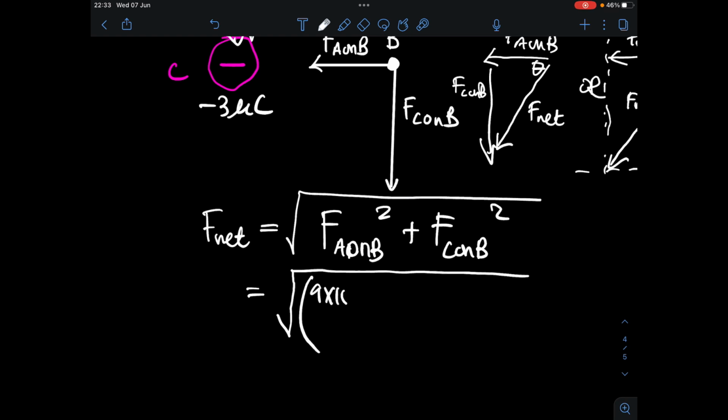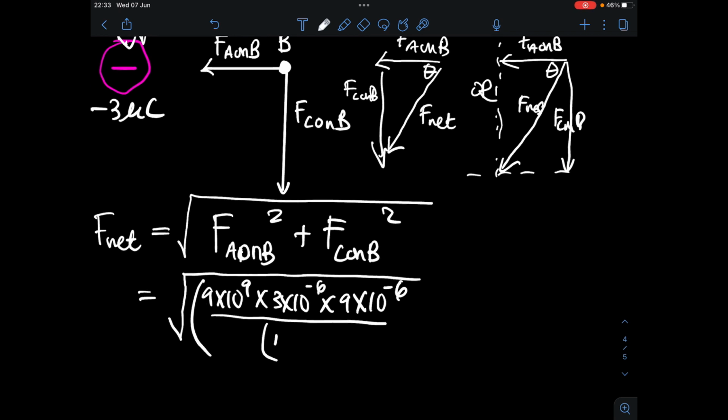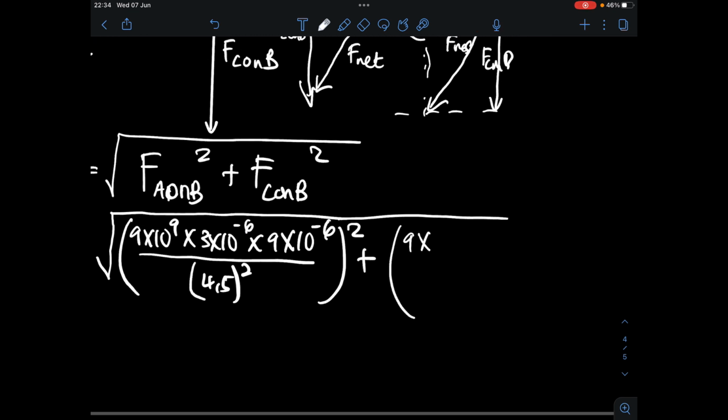So we'll start with k, 9 times 10 to the power 9, and charge A is 3 microcoulomb times 10 to the power negative 6, and charge B is 9 times 10 to the power negative 6, all over the distance between them, which is 4.5, squared. Guys, I'll advise you to do that separately.